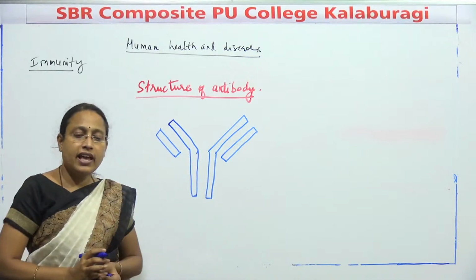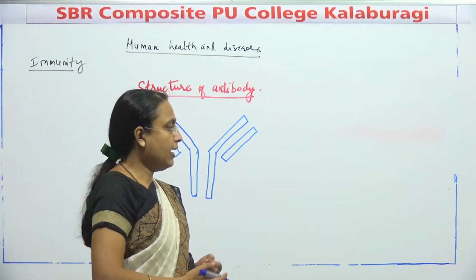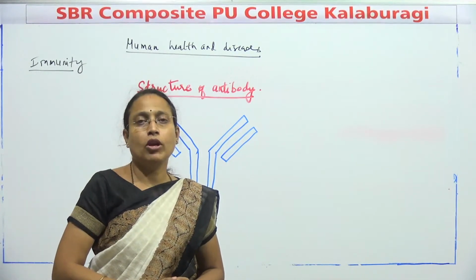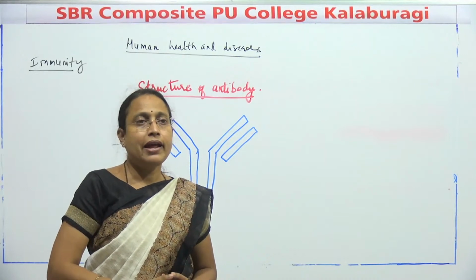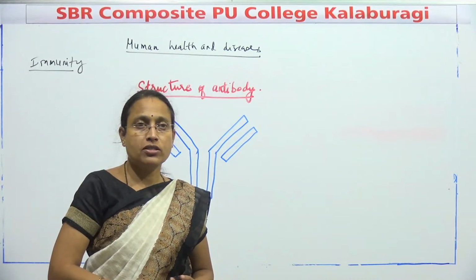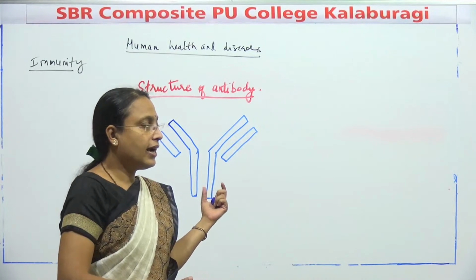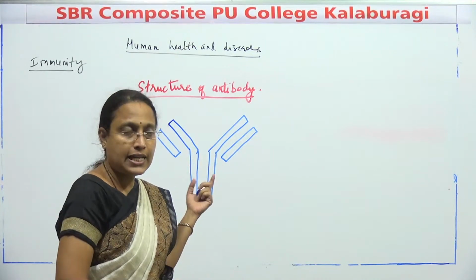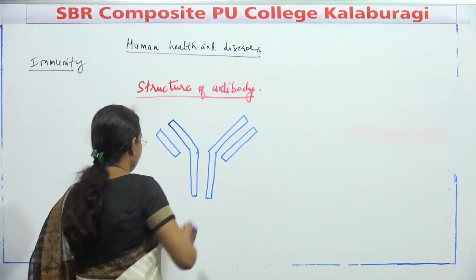In the previous class, I have always been mentioning that our immune system produces molecules which are Y-shaped, and I named them as antibodies. And today, you are studying the detailed structure of antibodies.